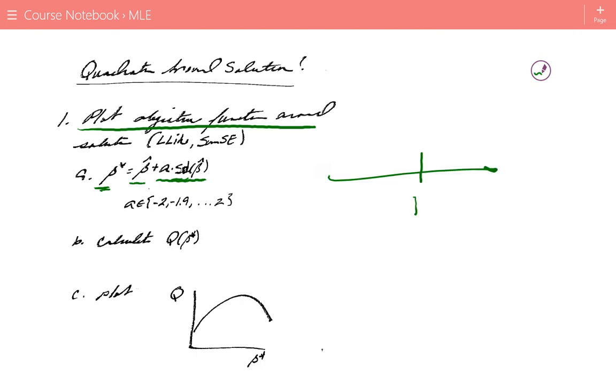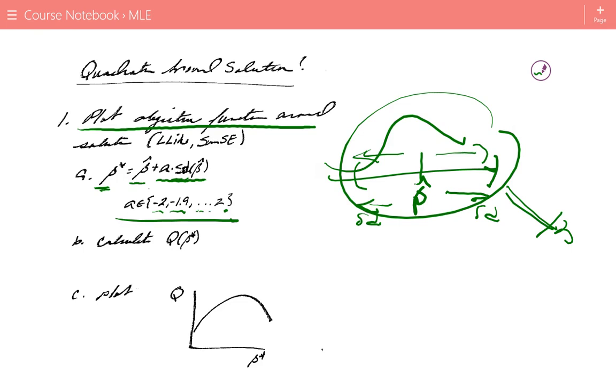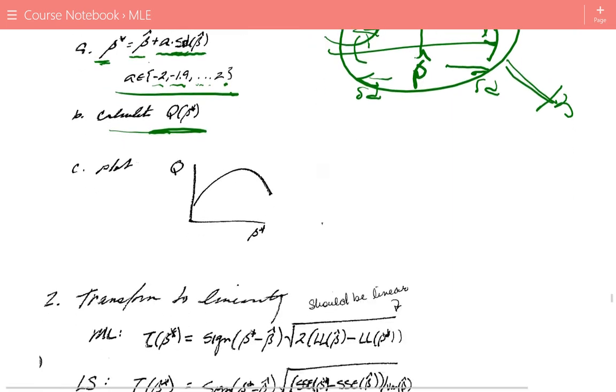Really what I want to do is look in this area from here to here, and one way to do it is to specify it as a certain number of standard deviations away. So you set up a set of values, -2, -1.9, all the way up to 2. Usually you make it symmetric, so it goes the same distance on both sides. I want essentially a big magnifying glass to look at the objective function in this range. So I can calculate this objective function for each of these points, and I can plot it.